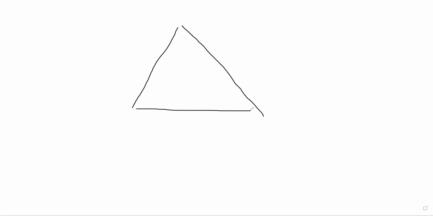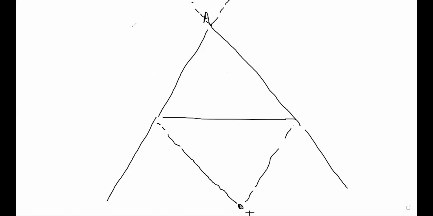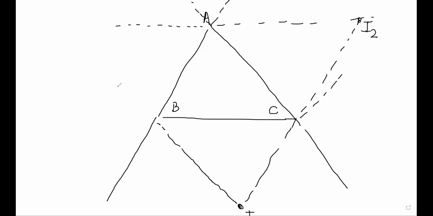So we have a situation like this. This is my I1. This is A. Extend it a little bit. Bisect it like this. Extend this. This is your I2. This is B. This is C. Extend this and meet it here.